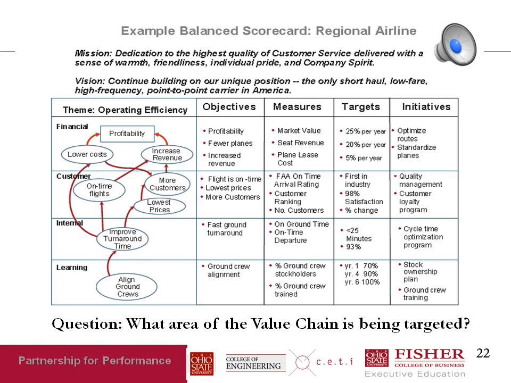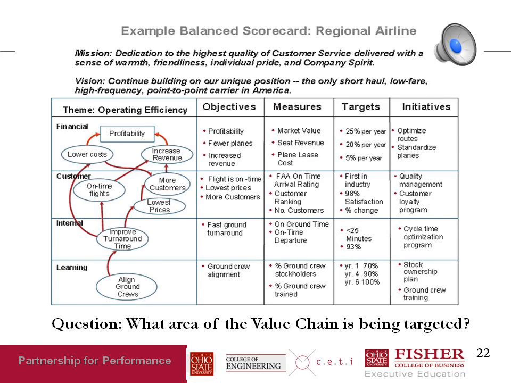The next column, measures, describes how you will measure whether or not you've reached those objectives. The next column, targets, identifies what the target metric is for that objective. So if there's a cost reduction metric, which is the measure, then the target might be $100,000 reduction in cost. And the last column, initiatives, is what are the things you're going to do in order to achieve those objectives.